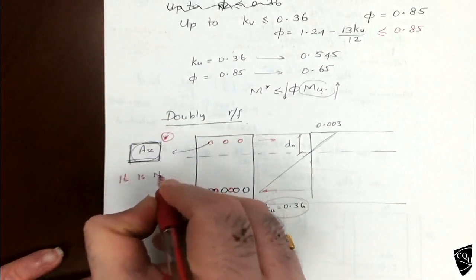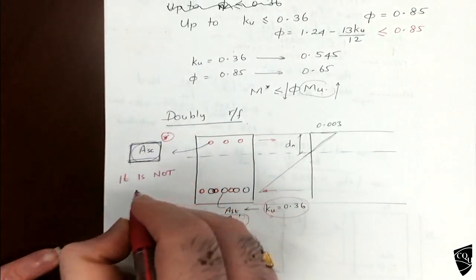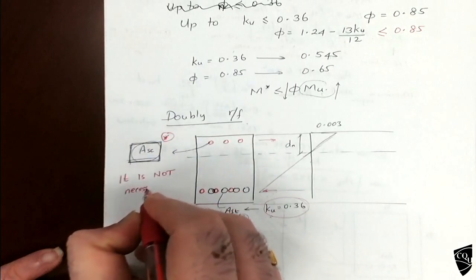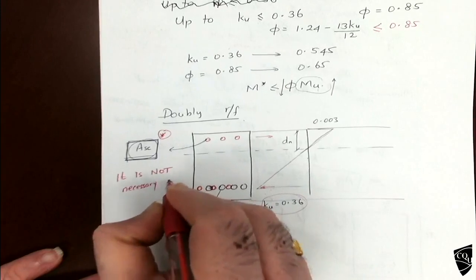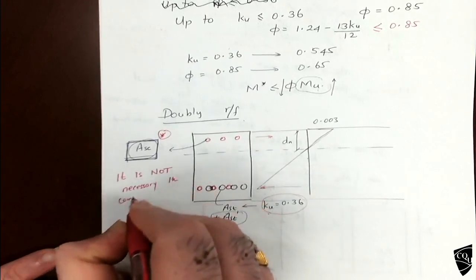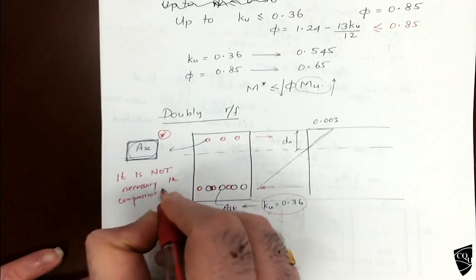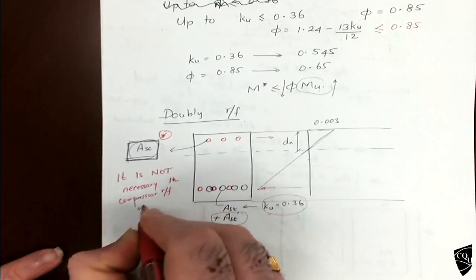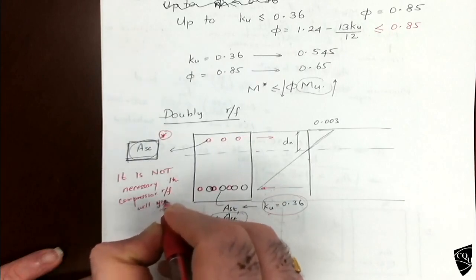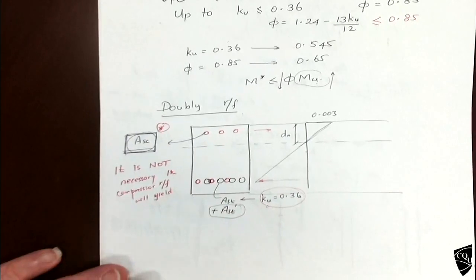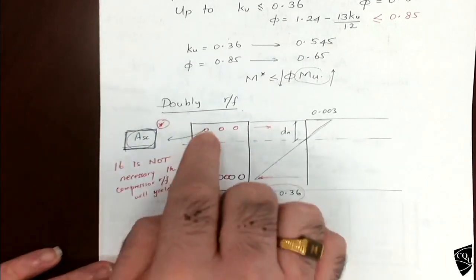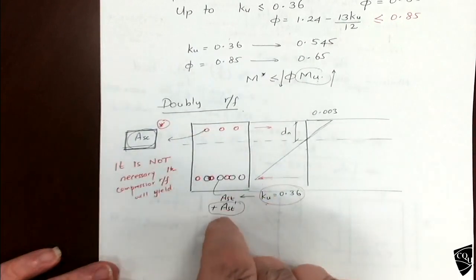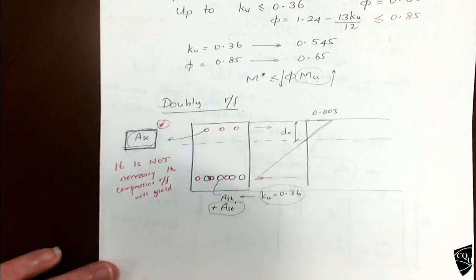The tensile reinforcement is always yielding, but the compression reinforcement is not necessarily, because we put the compression reinforcement just to balance the extra force given by this additional steel.